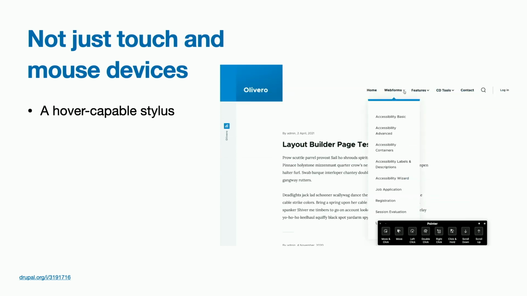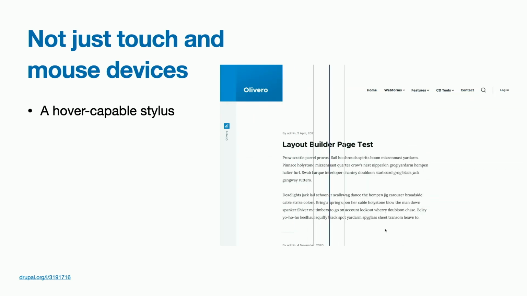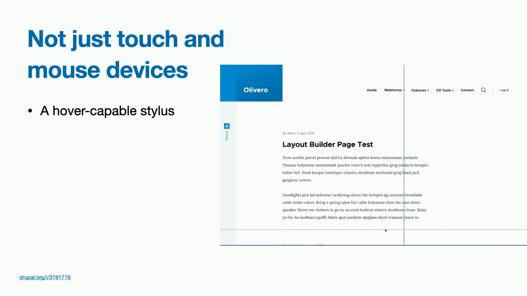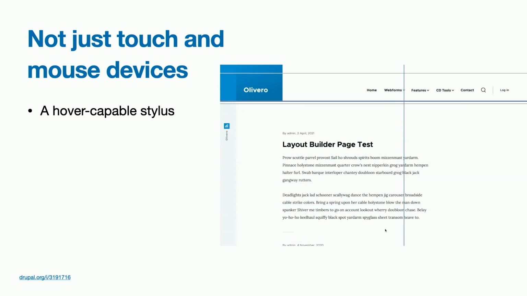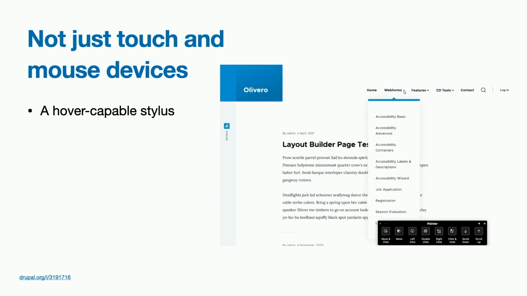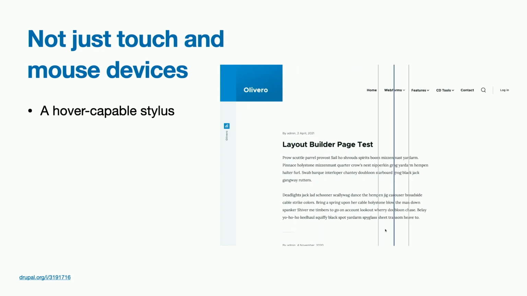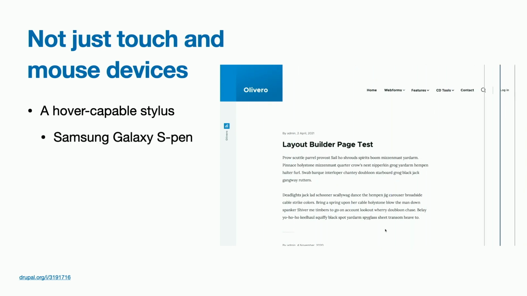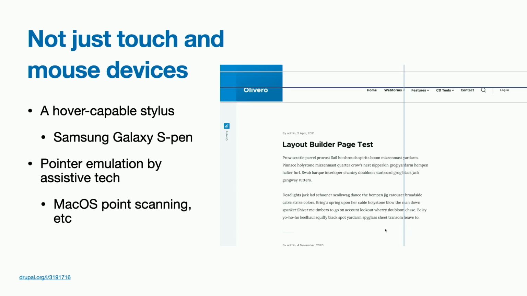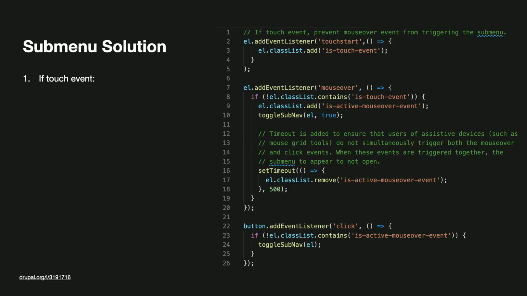Then you hit another button, and it zooms in, and then it does it again. It's an assistive technology that allows a user to operate a website and click on something. This type of stuff is important. And there are other things like hover-capable styluses. What we were worried about was that this solution wouldn't work with that.